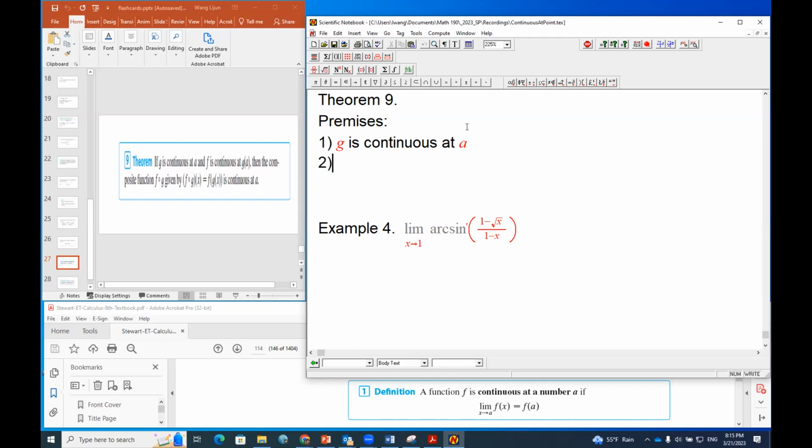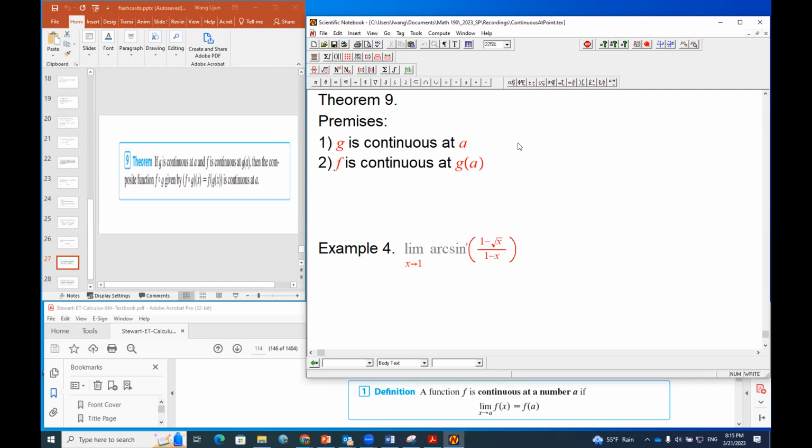Second condition: F is continuous at G of A. You may wonder why.